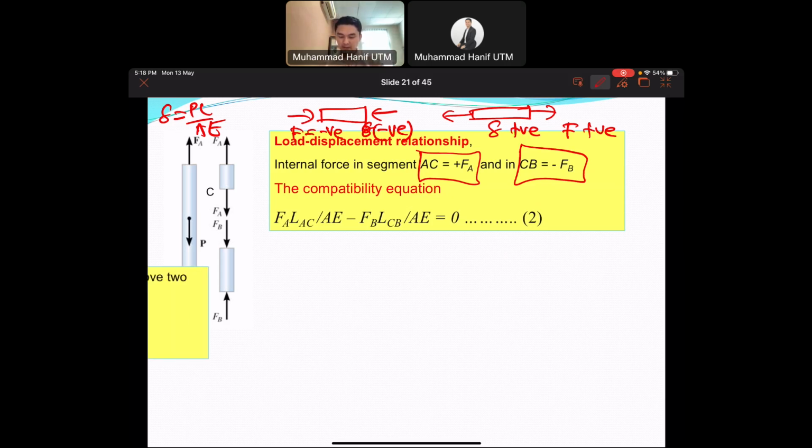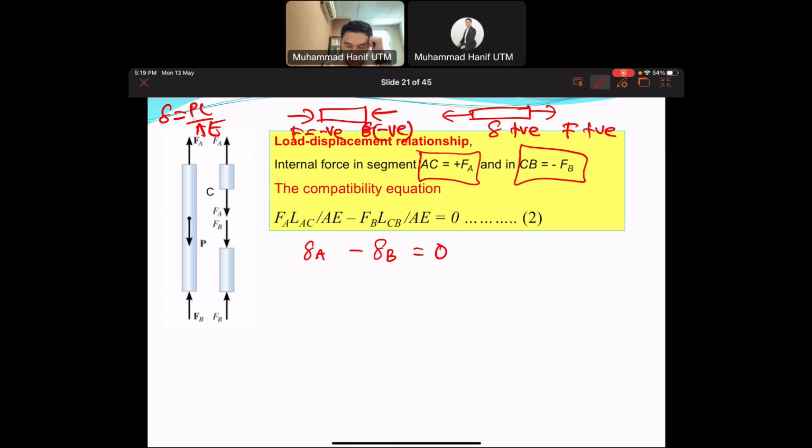You have to understand that the deformation does not occur, meaning the displacement is always 0. So how do we get the 0 value? We have this equation, which means delta A minus delta B must always equal 0.